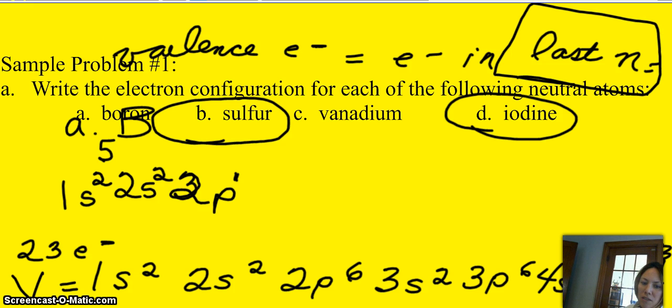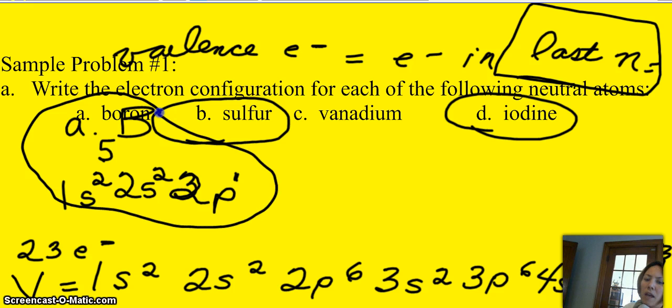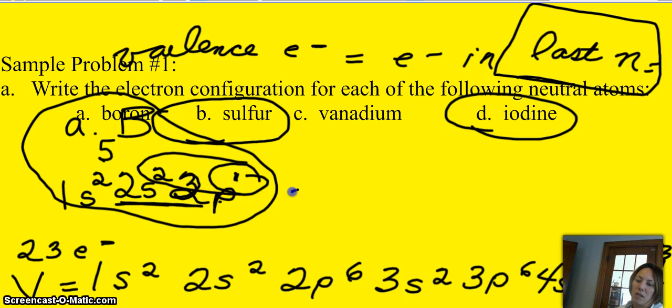Because often I'll ask students, how many valence electrons does boron have here? Remember this guy was boron? And students will simply look at the last number and say, oh, boron has 1. But remember, it's not in the last sublevel, it's in the whole last principal energy level too. So not only do you have p electrons, but you also have s valence electrons there. So boron has 3 valence electrons, okay?